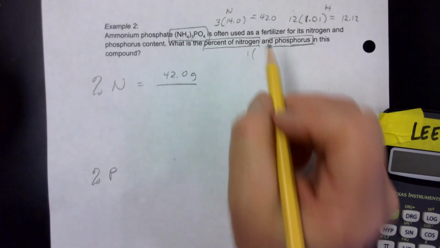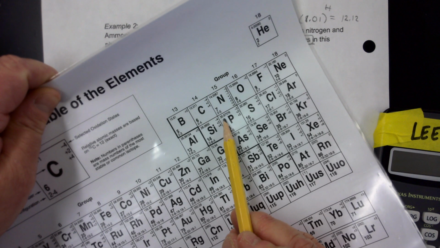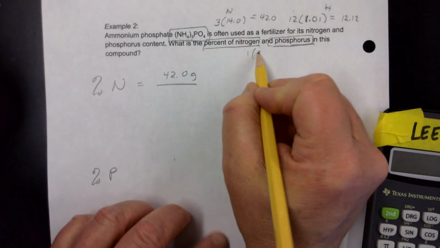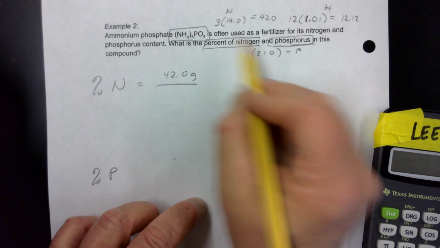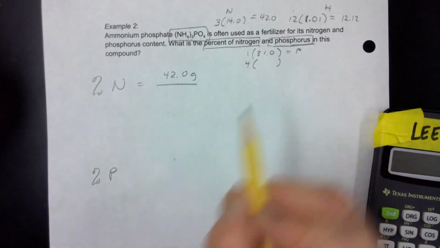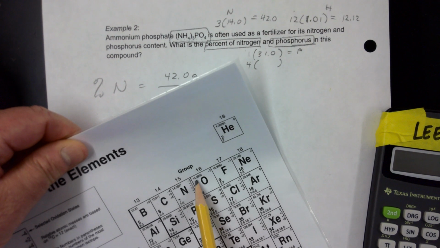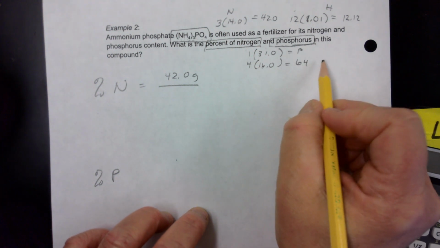And I believe phosphorus, rounded to the nearest tenth, is 31.0. And oxygen, there are 4 oxygens. Each oxygen to the nearest tenth is 16.0. So that's 64, and that's for the oxygen.